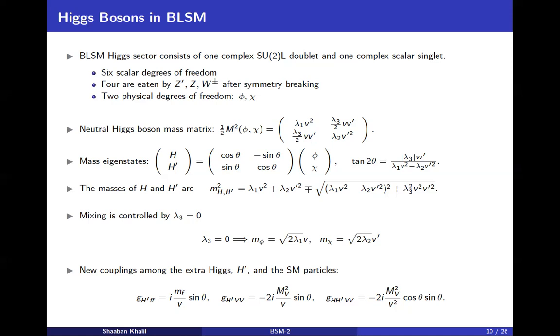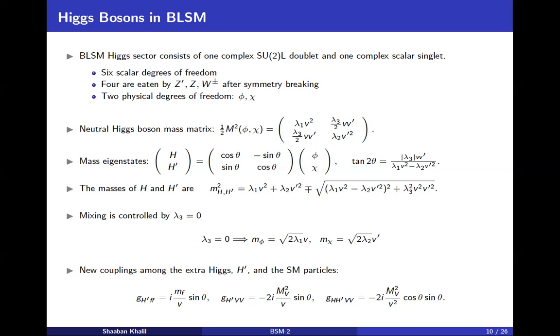So theta is small, sine theta will be small, and will allow a small coupling between t and t bar and the H prime. This is very crucial, because if you want to produce H prime at the LHC similar to the H, you need to generate it through gluon fusion with these triangle diagrams with the top, and you produce an H prime with, of course, a smaller cross section due to the smaller coupling, but it's not 0.